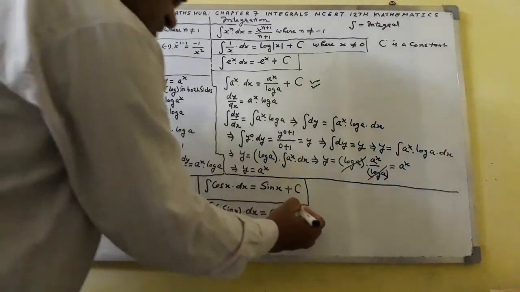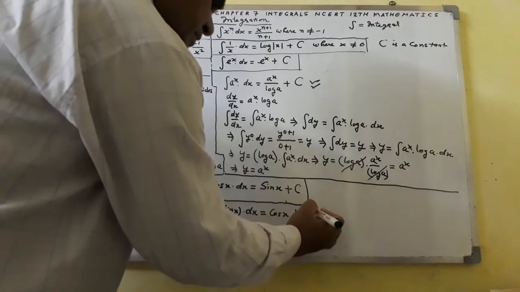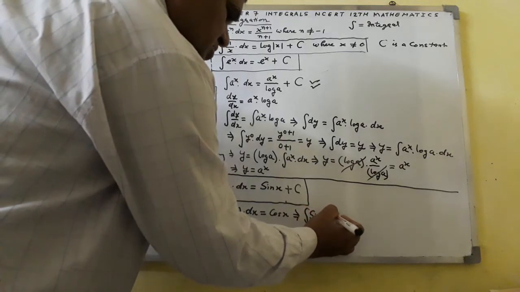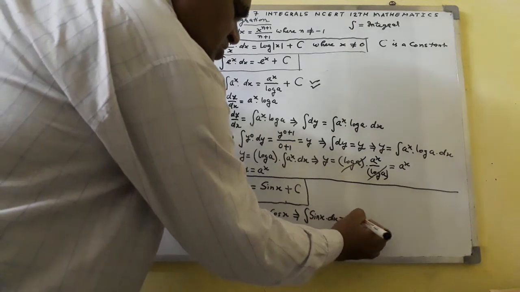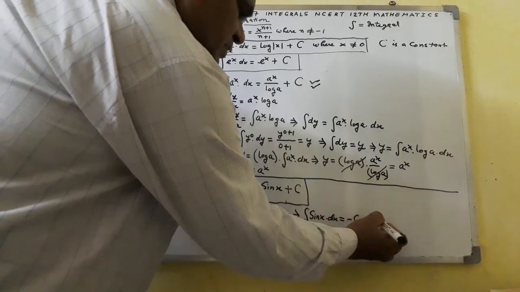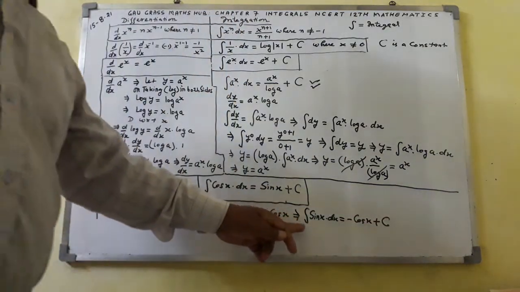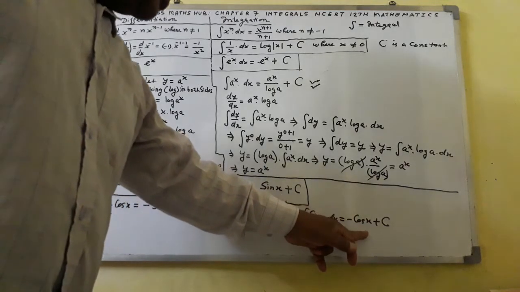You will get here, implied that integral sin x dot dx equal to minus cos x plus c.